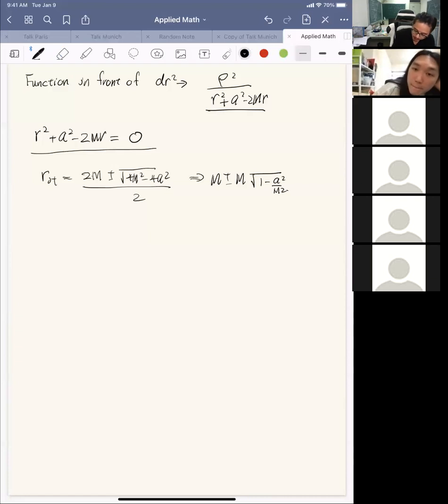So once again, you see that there's actually an outer horizon, r plus, and an r minus.